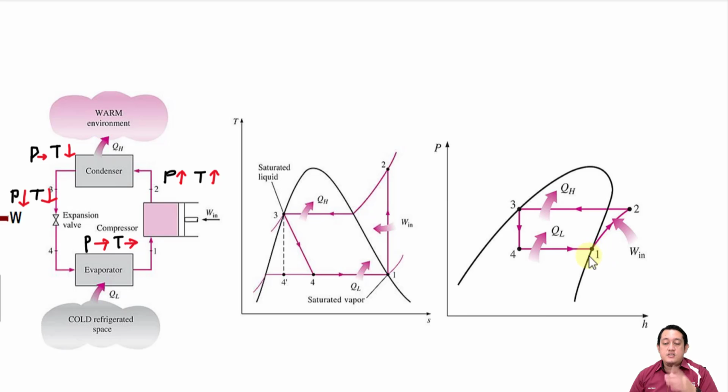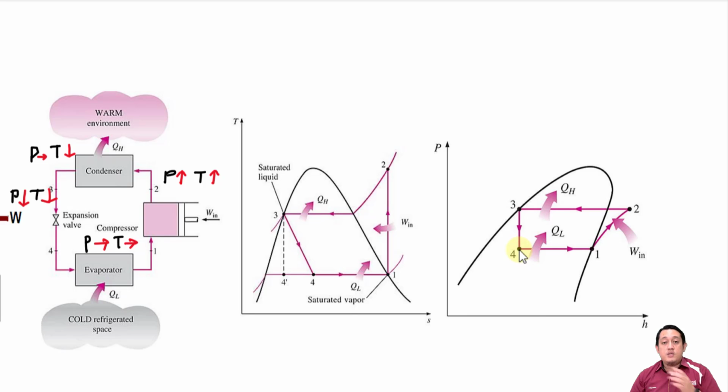Number 1 here is the compressor, pressure increase, temperature increase, and then when it enters the condenser, pressure constant, as mentioned earlier. So pressure constant, heat will be released to the outside. And then number 3 to 4, through the expansion valve, so pressure decrease, temperature also decrease, this point here.